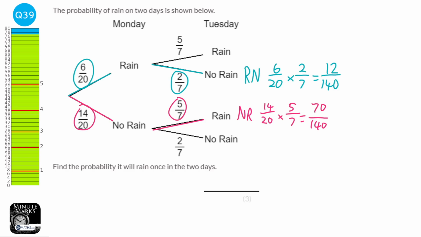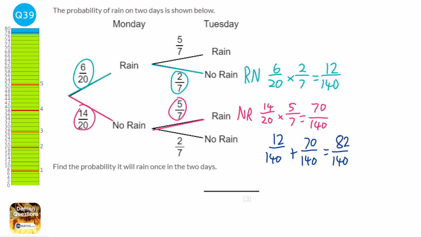Now we're looking for the probability it will rain and not rain, or not rain and rain. The word or in probability means add. So we're going to get that 12 over 140 and add it to the 70 over 140, and that will give us 82 over 140, and then we can cancel that down to 41 over 70.